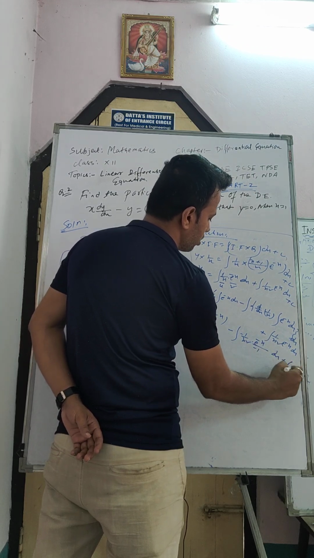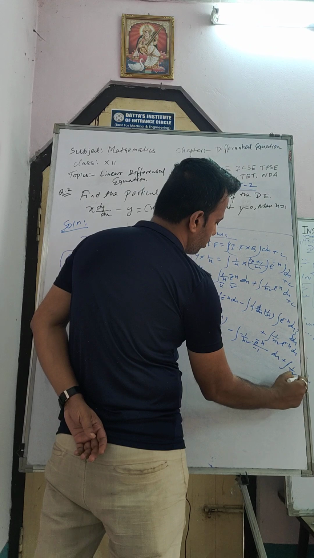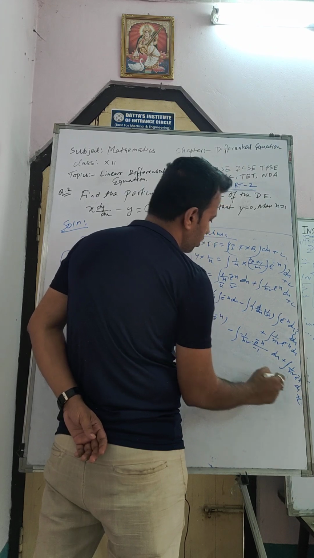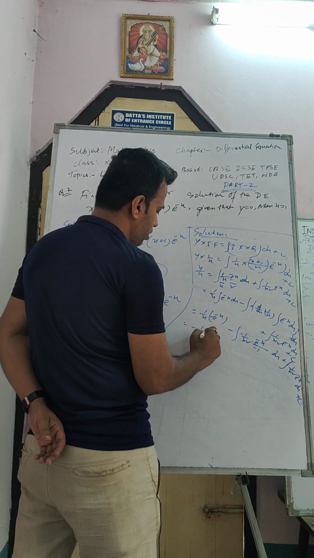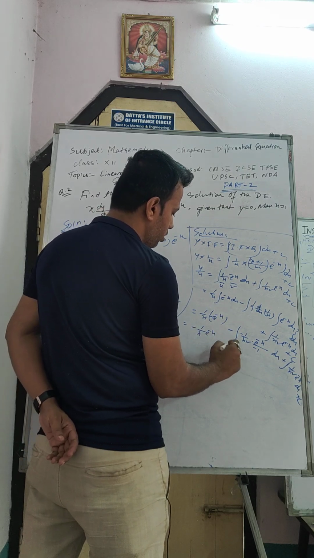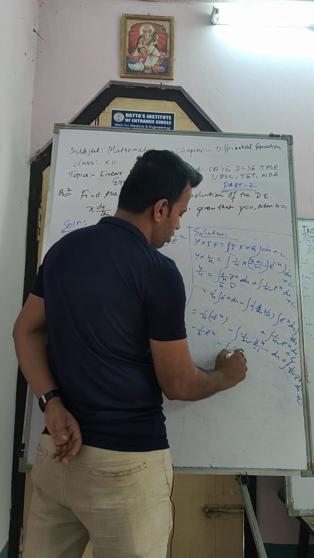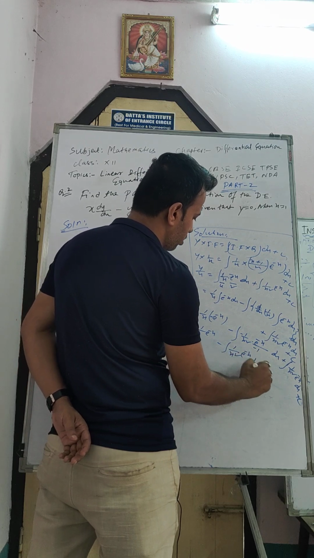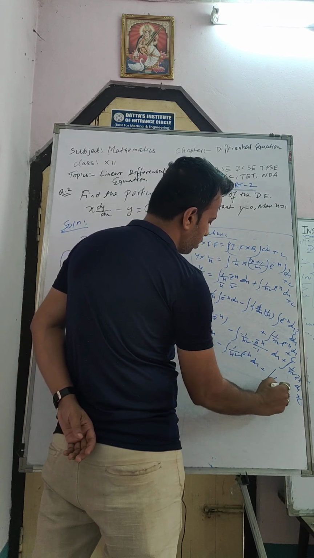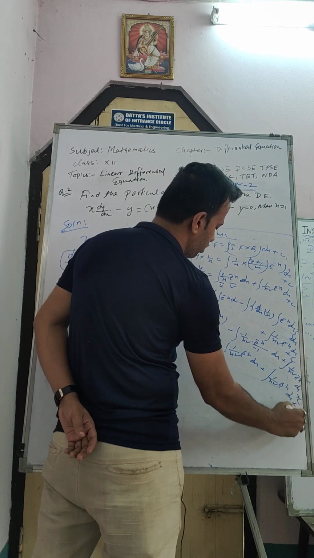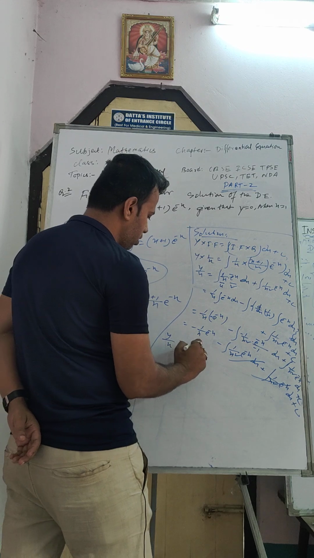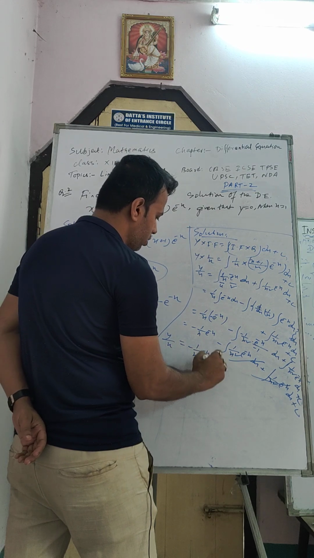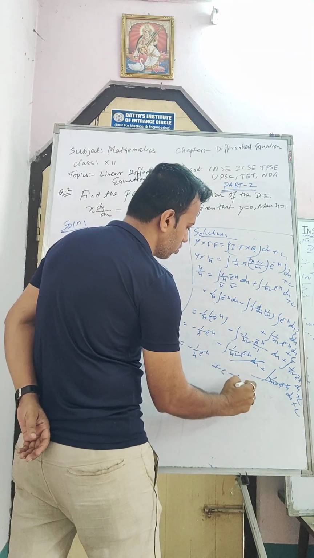So minus 1 by x e to the power minus x, minus 1 by x square e to the power minus x dx, and then the 1 by x square e to the power minus x dx plus c. This one will cancel. So y by x equals minus 1 by x e to the power minus x plus c. This one is equation number 1.